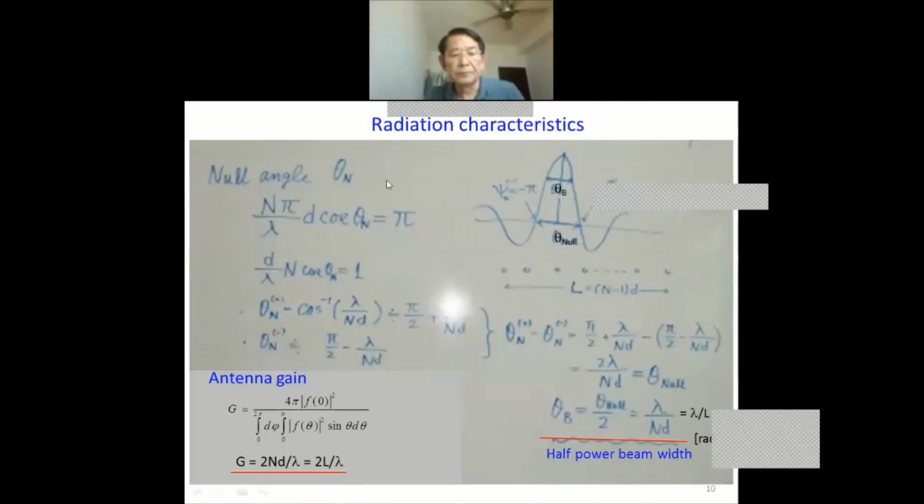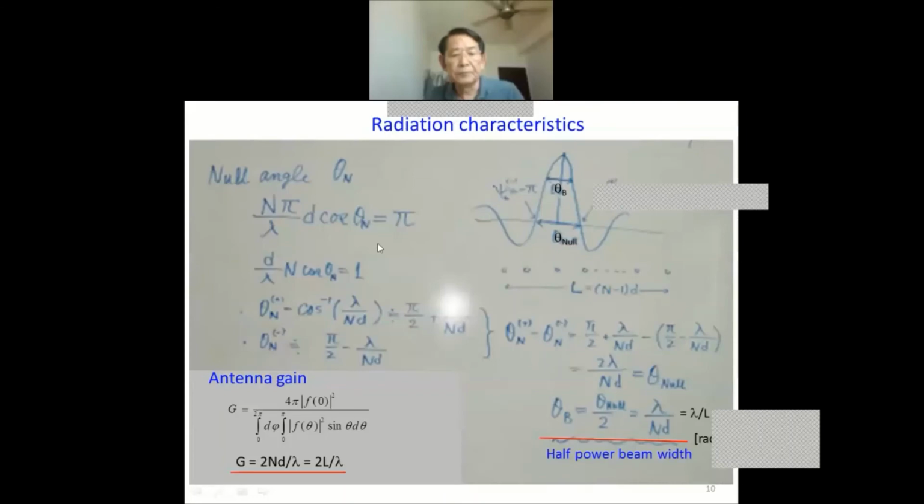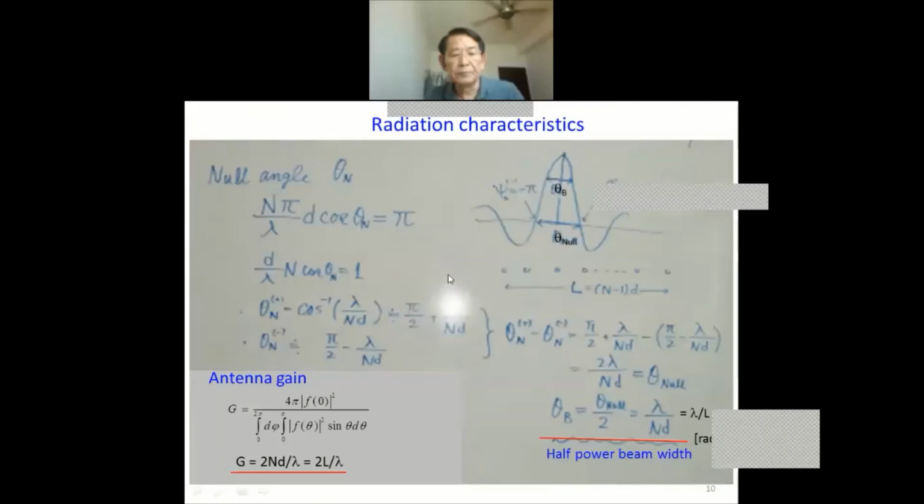And next, another important point. Here we understand the shape of this radiation pattern. A specific value is the half power beam width.